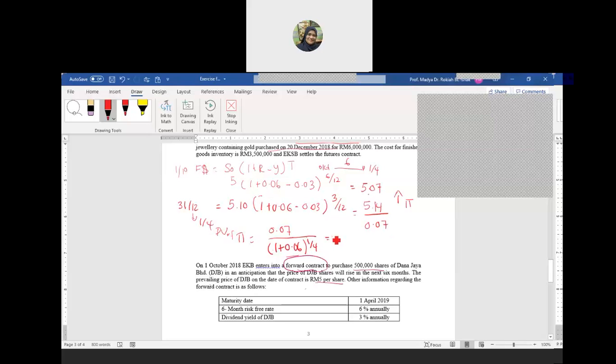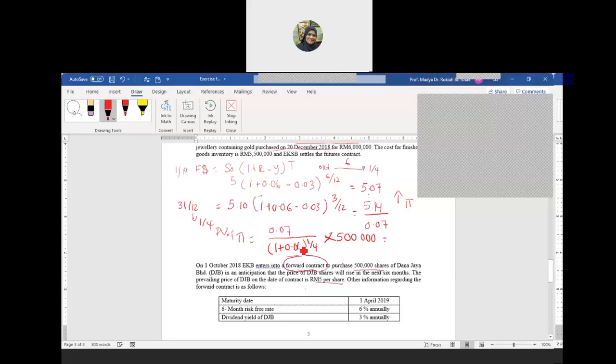What do you have for that one? 0.07 divided by 1 plus 0.06, to the power of 1 over 4. This one is to find the present value first, and after that we need to times with 500 cents.